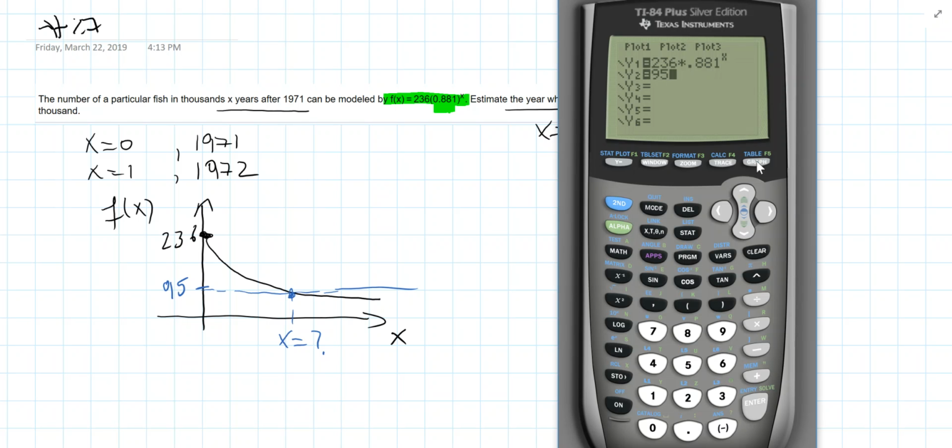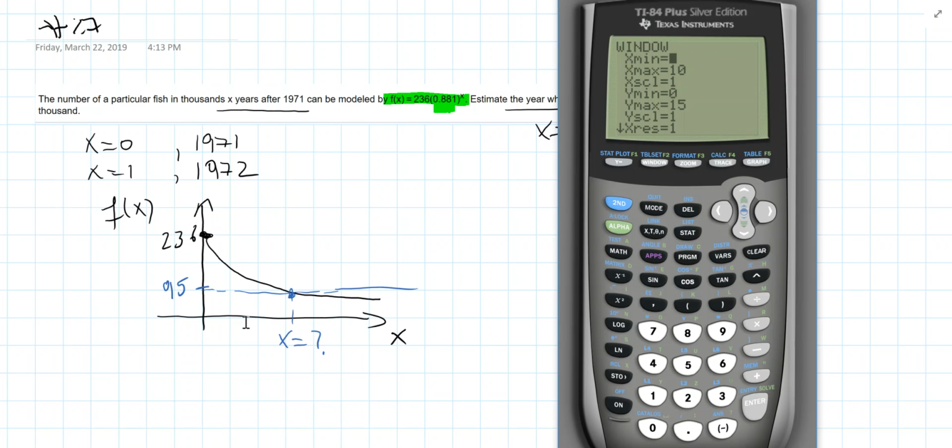So if I just graph this, I might not be able to see the graph because I need to set the window correctly. So this is where the domain, what x min and what x max should I put, and what y min and y max, what is for the range. So as you can see in here, for my y, if I want to see this entire graph, I should start somewhere above 236, right?